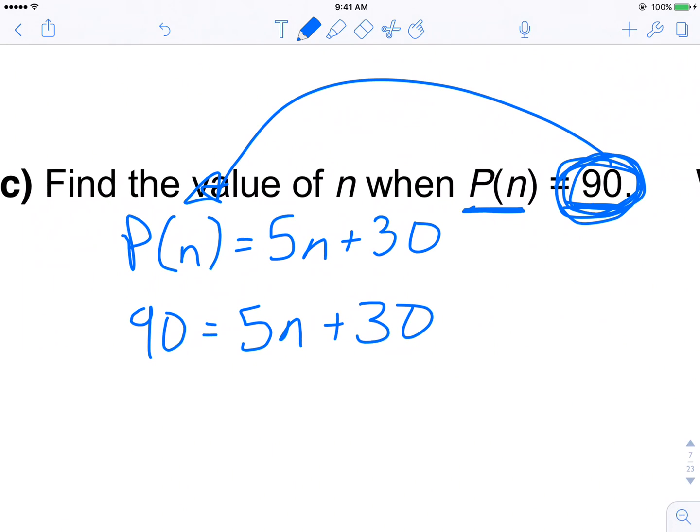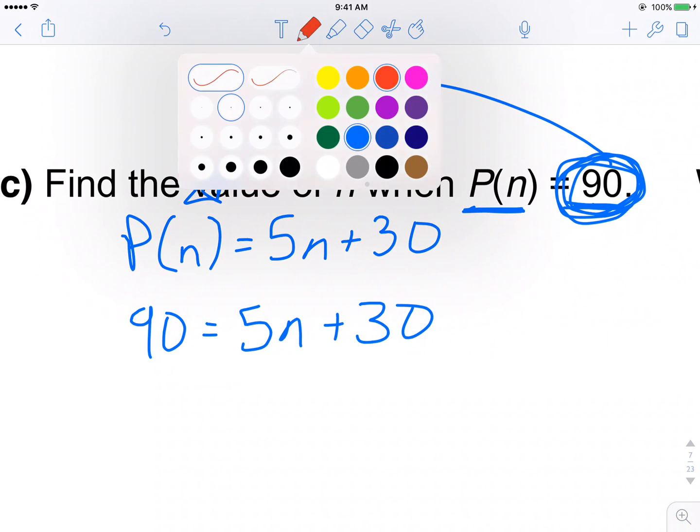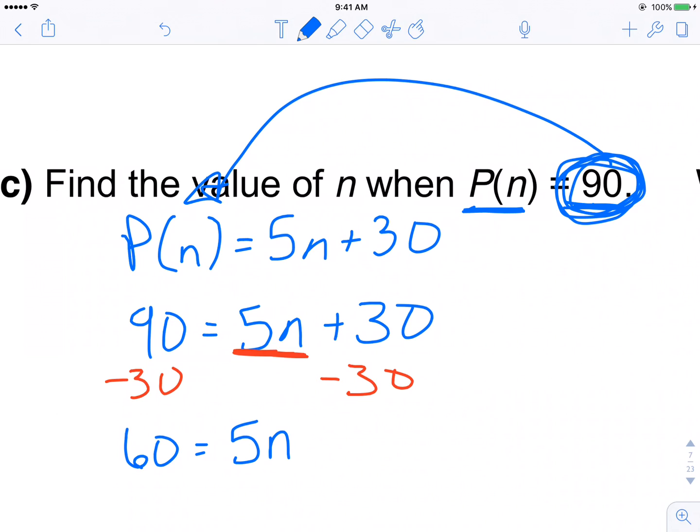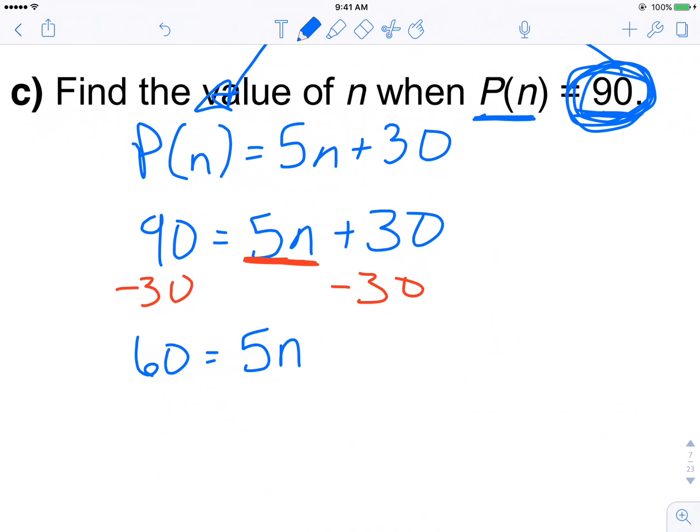Now, like I've said before many times, when we have one variable in an equation, we can solve for that variable. We solve for that variable by doing inverse or reverse operations. I want to subtract 30 because I want this 5n by itself. So this becomes 60 is equal to 5n. And I subtracted 30 from both sides of the equal sign because if I don't, I really mess up the question.